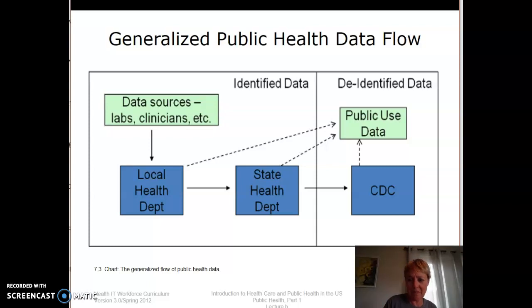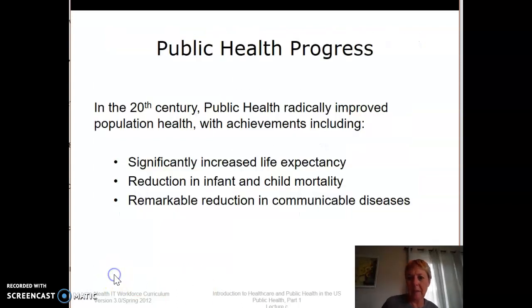When that information finally gets to the CDC, it's not your name going in, but what does go in says measles in a blank-year-old female person in the state of Iowa. And they'll give the location, but you're de-identified. Your name will not go there.